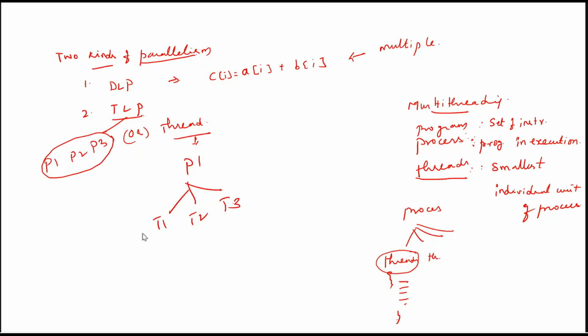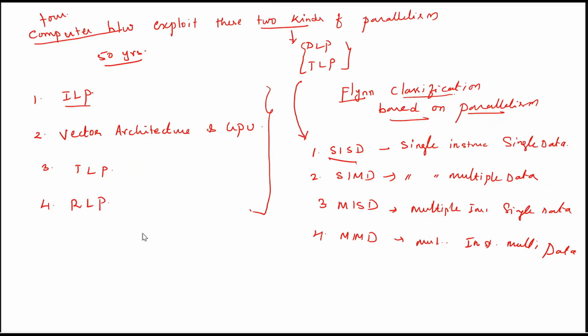To achieve this, we have four hardware architectures. Commonly, on the left hand side, I gave you ILP, vector architecture, TLP, RLP, but nowadays they are unified and classified into four general cases: SISD, SIMD, MISD, and MIMD.